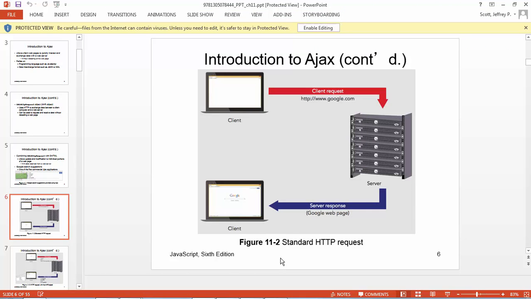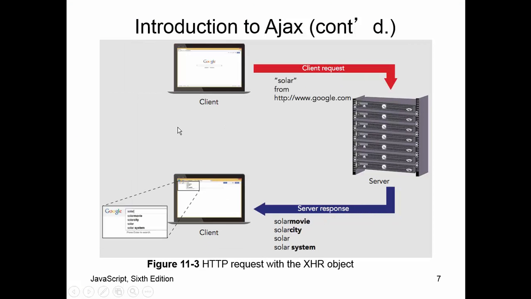So, jumping back then, this picture here, figure 11.2, is shown in your textbook on page 743. And what these are designed to do, this picture right here, and the one we're going to look at in a minute, is to illustrate the differences between a standard HTTP request, which returns an entire web document, and that's what you see right here, and Ajax.